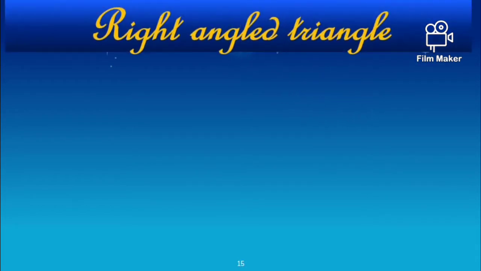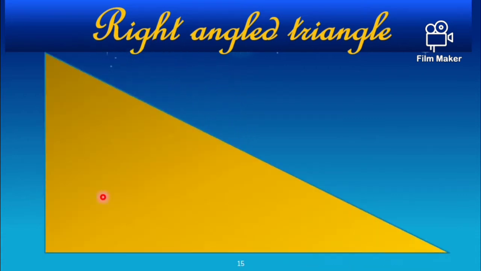Now the next type of triangle is a right angled triangle. What is a right angled triangle? A triangle which has one angle of 90 degrees or a right angle is called a right angle triangle.